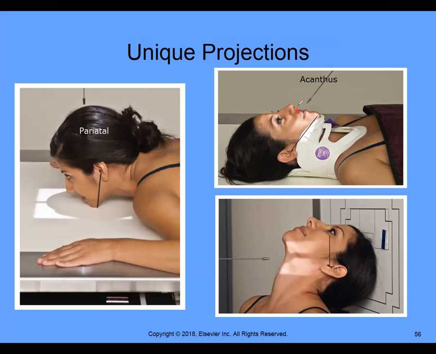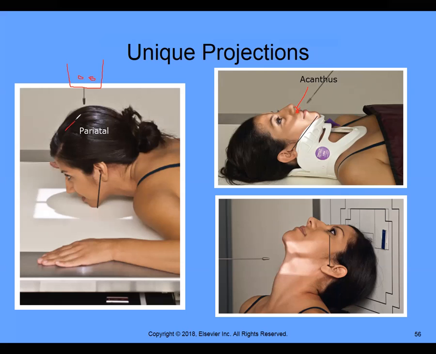So remember, we're still talking about how the X-ray is traveling. So here's my X-ray tube. This one in particular is coming in perpendicular, and it's coming in first to the parietal area.